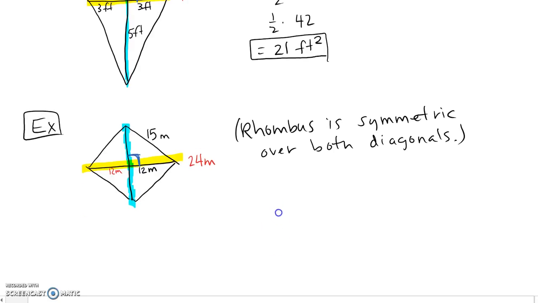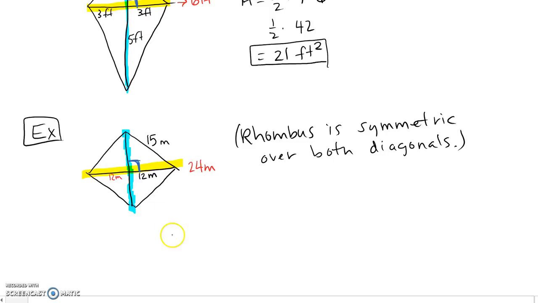But I do have a right triangle. It's not a special triangle. I don't know the angles in it, but I do know 2 out of the 3 sides. And if I know 2 out of the 3 sides, I can figure out the third side. Remember, the long side is c. A squared plus b squared equals c squared.